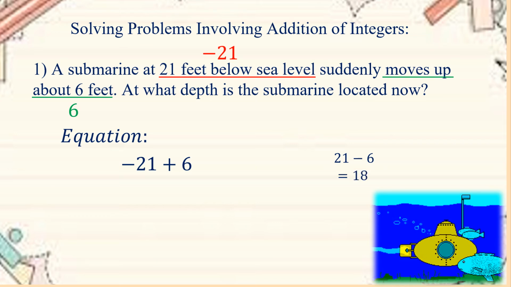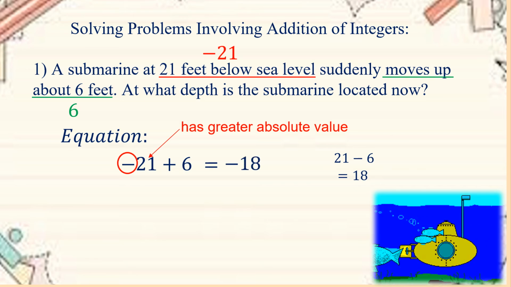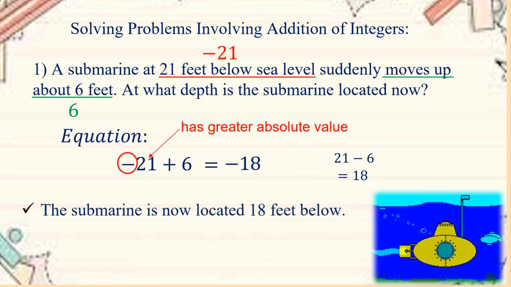Correct, it is equal to 15. And since negative 21 has greater absolute value and the sign is negative, so we will be having negative 15. And negative 15 means that the submarine is now located 15 feet below. So the word below means it is negative.